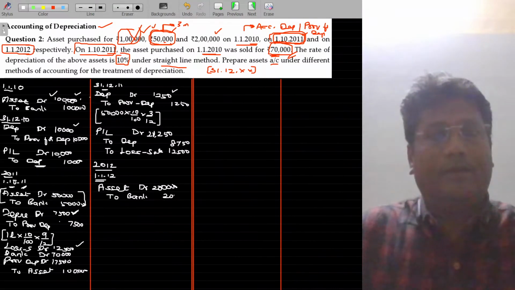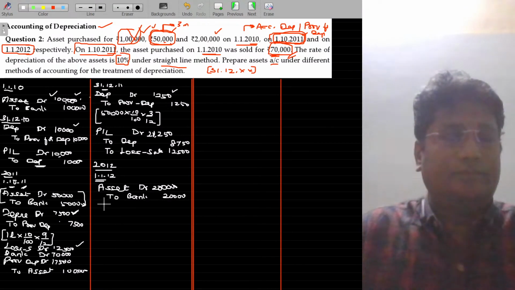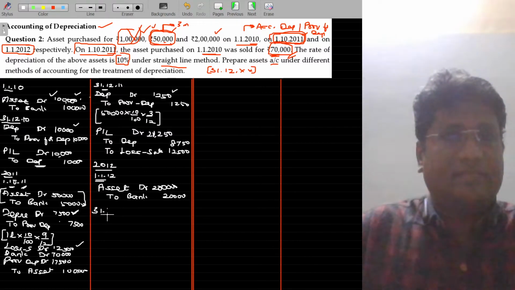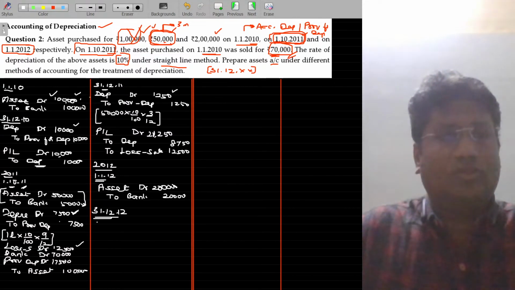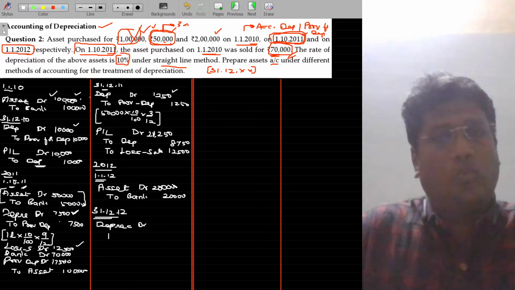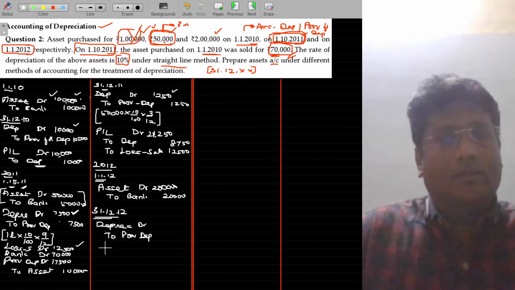And at that year end, 31st December 2012, we have to provide the depreciation for both the assets we have. So the depreciation entry here being depreciation account debit to provision for depreciation. We have two assets. One asset being 50,000 worth, another asset being 2 lakhs worth.